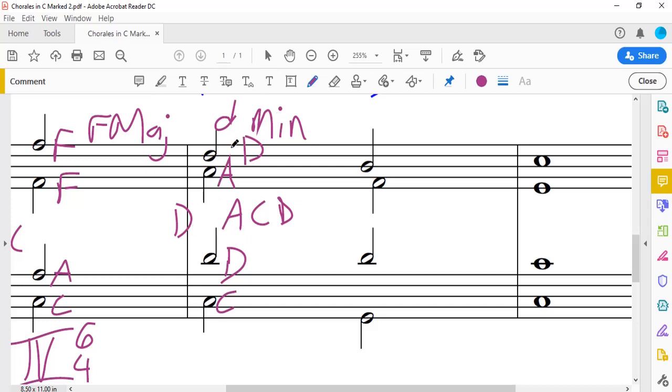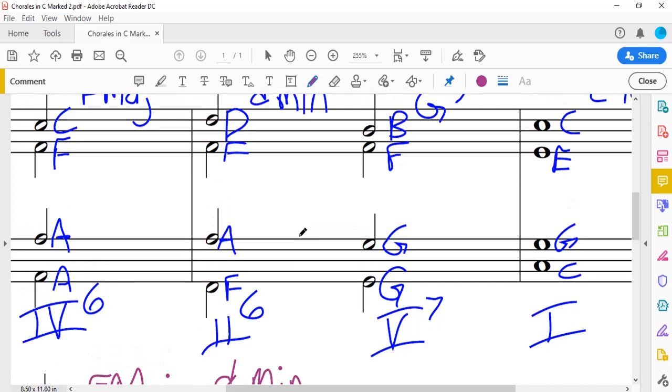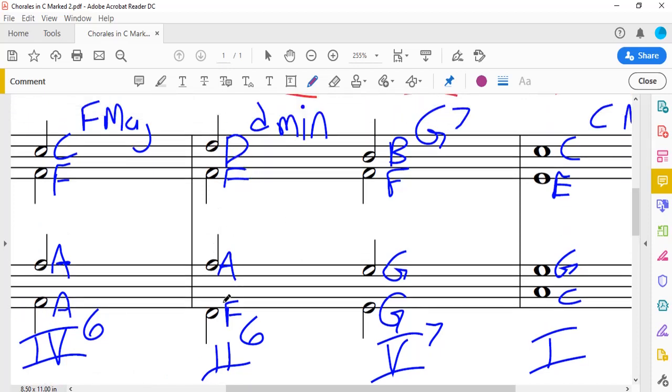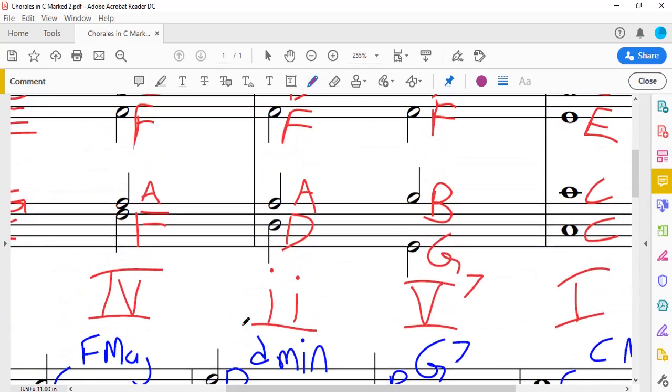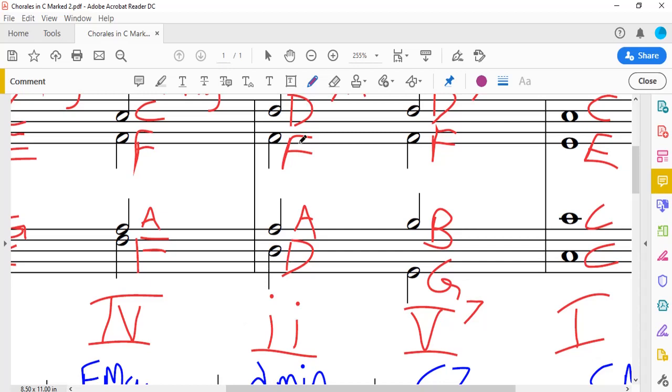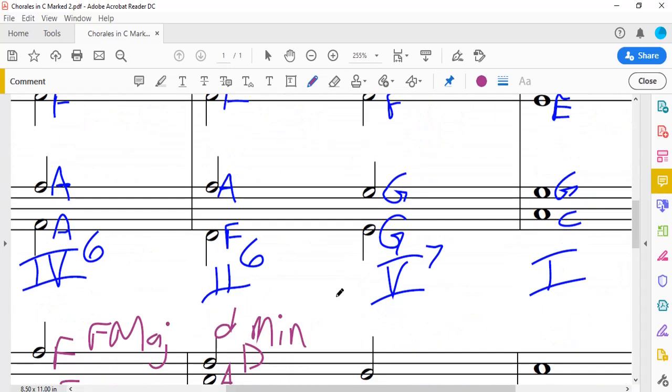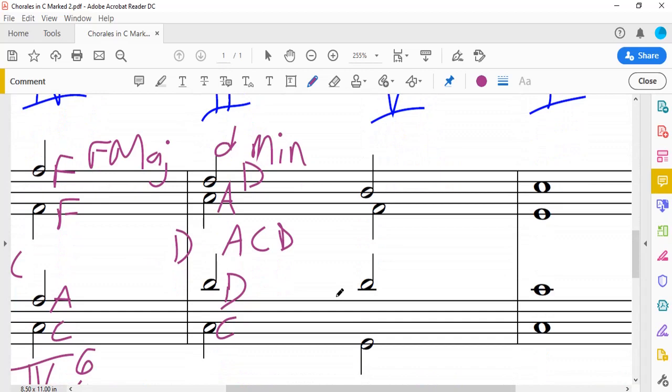And again, sometimes it's okay to leave out one of these notes in a chord. However, D minor doesn't tell the full story, because in these other D minor chords, we just have D, F, A, and then here we have a second F, here we have D, F, A, and a second D. However, in Chorale 3, there's a C in this chord.